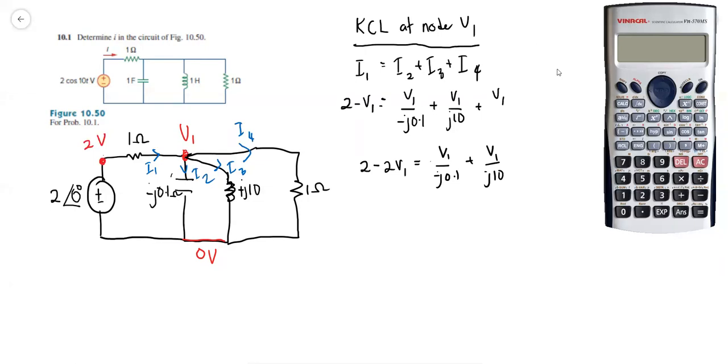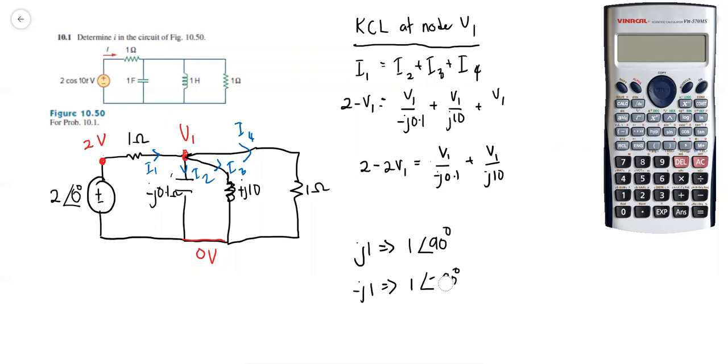Before we proceed, I would like to recall complex numbers. If you have j1 and convert into polar, this represents a magnitude 1 with an angle of 90 degrees. Negative j1 means magnitude 1 with an angle of negative 90 degrees.